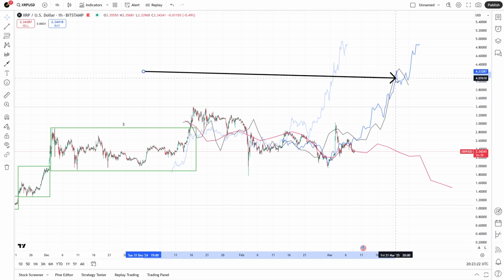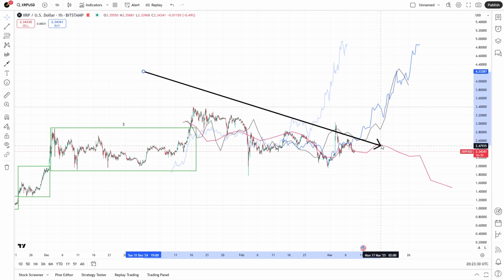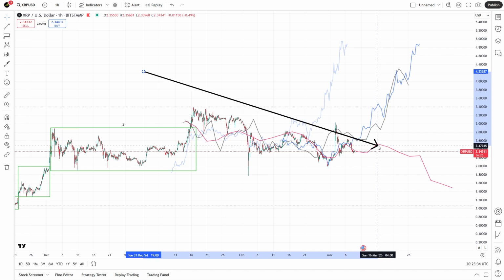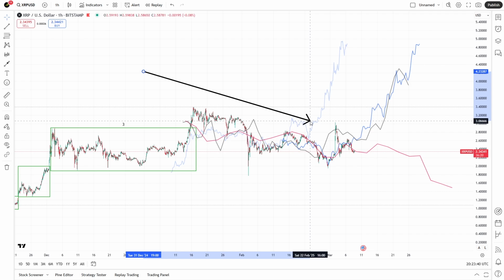So what we're talking about is really the same structure or possibilities playing out, and it's really once we get past this pullback or this point right here that we'll really know. So all these fractals are, for the most part, in harmony with each other. We'll just have to continue to see how things play out.